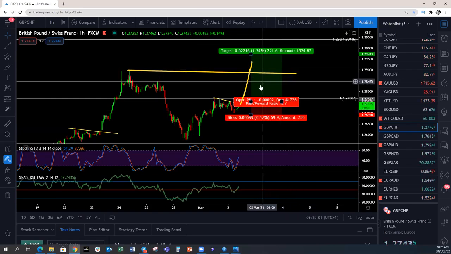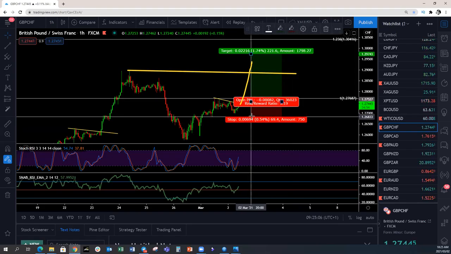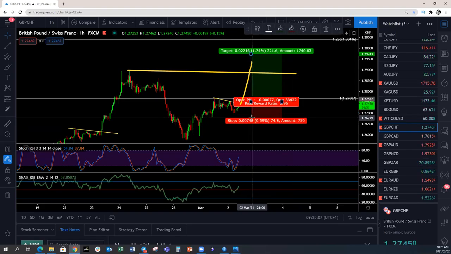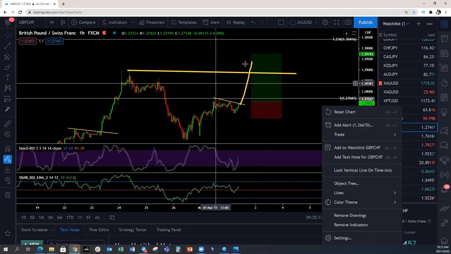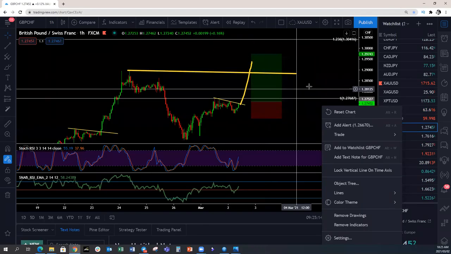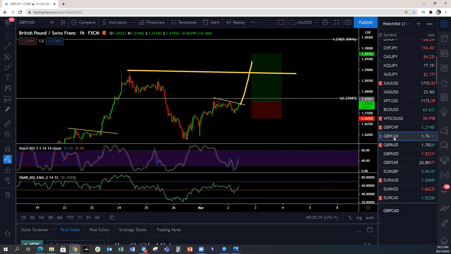Looks like 3.7, which is good enough. 2.7 is the risk to reward ratio. Very good. So that is the setup on Pound Chief. Looking for further upside. Pound CAD.